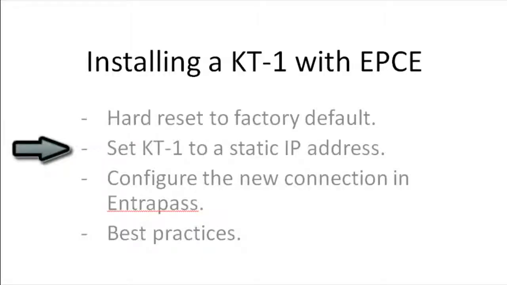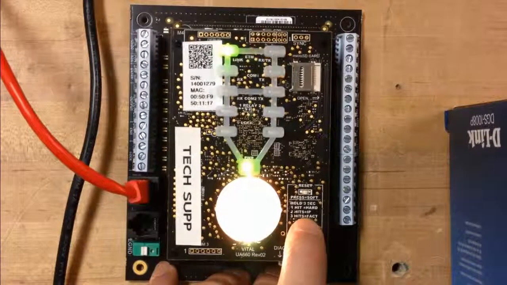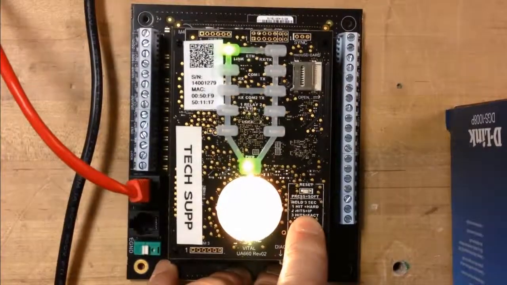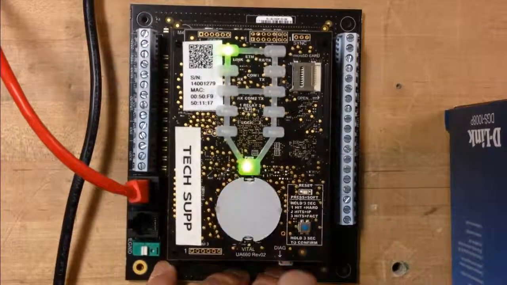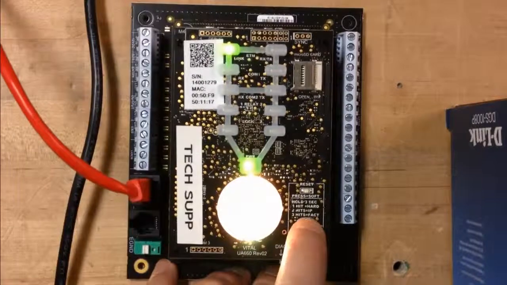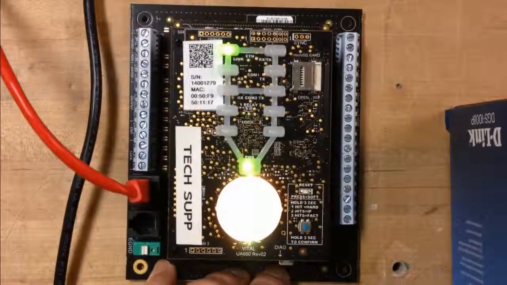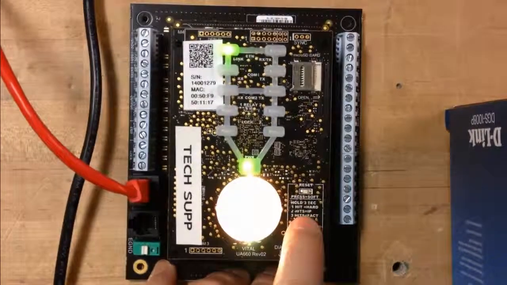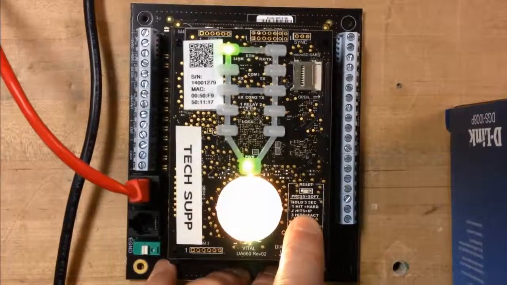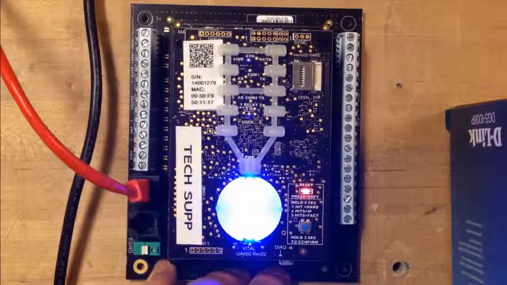Alright, next, let's set the KT1 to a static IP address. To do that, we're going to press the reset button and hold for 3 seconds. And then we will press 2 times, get a confirmation, and then press the reset button again for 3 seconds.